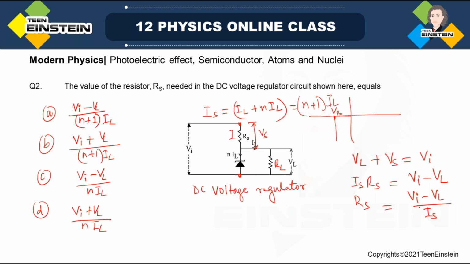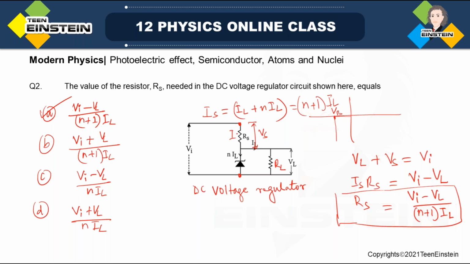So I can just put the value of Is over here, then we'll get the value of Rs needed for this particular regulator circuit, with n plus 1 into IL. So this is the answer. We have this as the first option itself. I hope you have understood this DC voltage regulator.